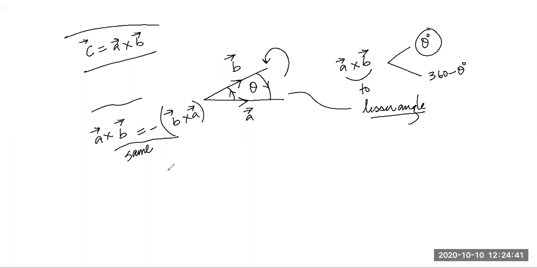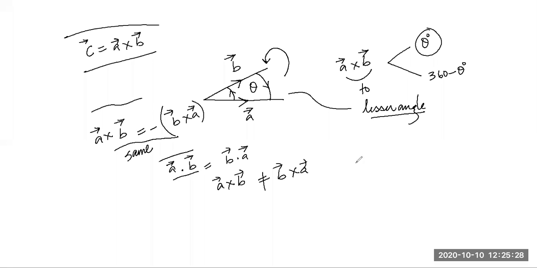Let's talk about scalar product. If you multiply vector A dot vector B, well, this is equal to, yes students, scalar product, vector B dot vector A. But if you talk about a vector product, this is not equal to the reverse.